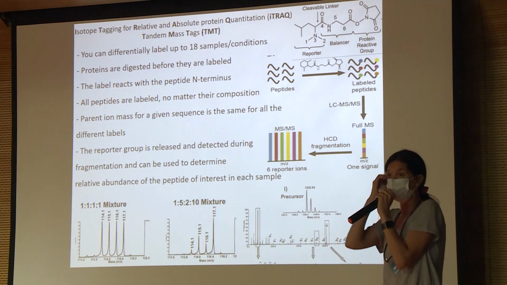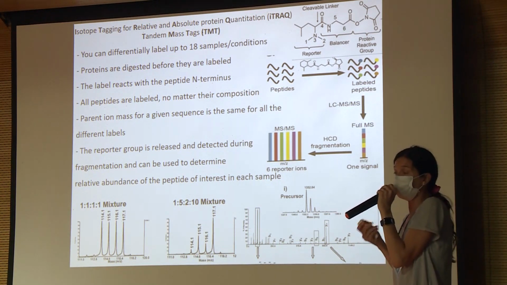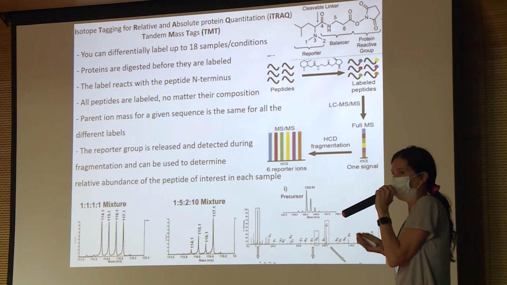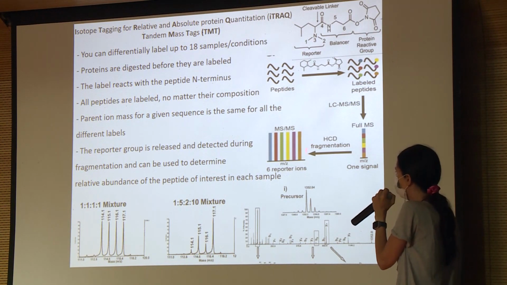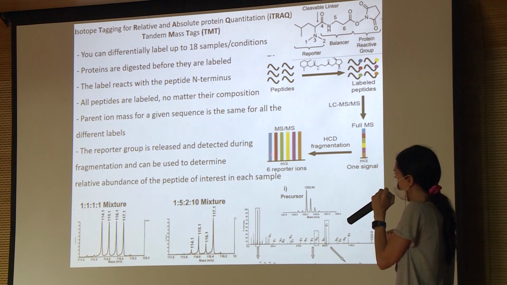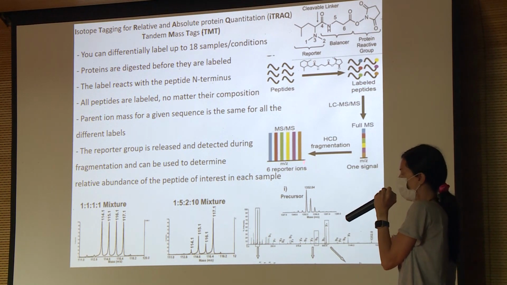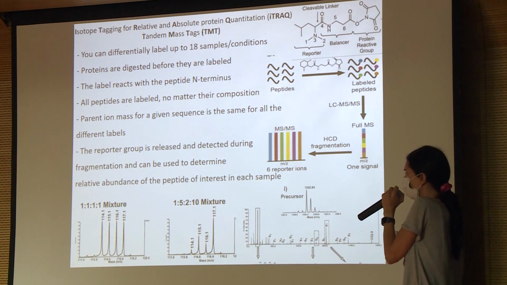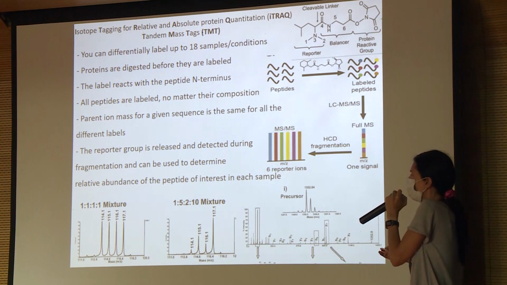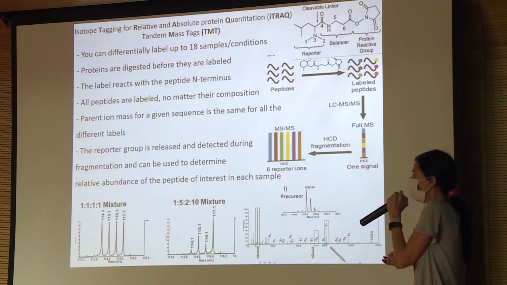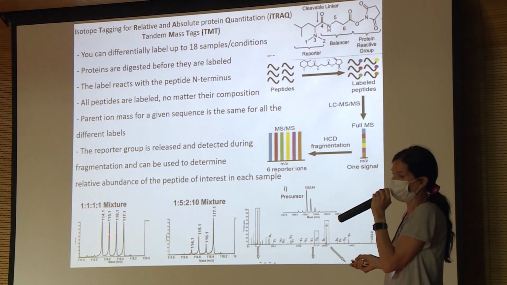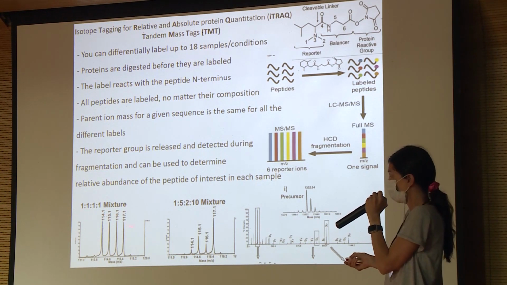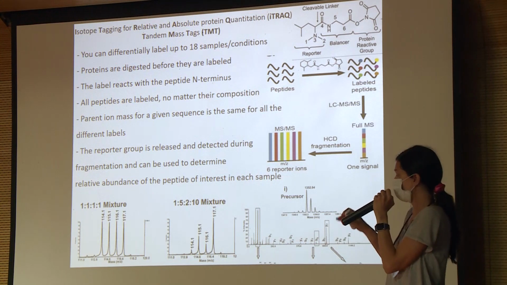So this is very important because they will all elute at the same time in the liquid chromatography. They will all give the same MS signal, but when you fragment it, you will get the different reporter ions. And you will be able to quantify based on the different intensities of those reporter ions. So here we have a mixture where they're all in the same amounts. The signals are all the same.